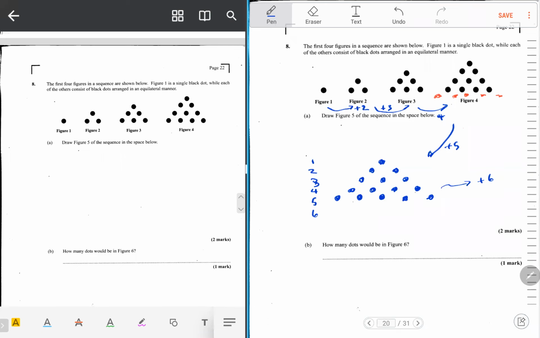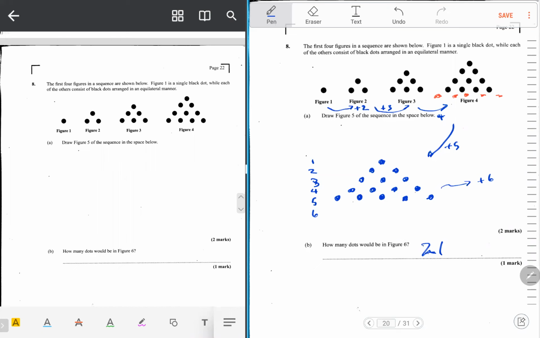All right, so that's 21. What is the reasoning? I like to use a formula, and that's why I was working it out.